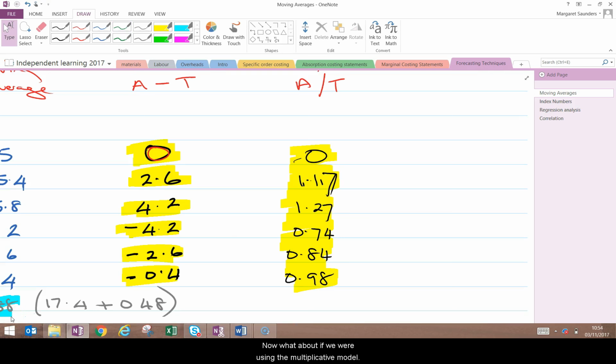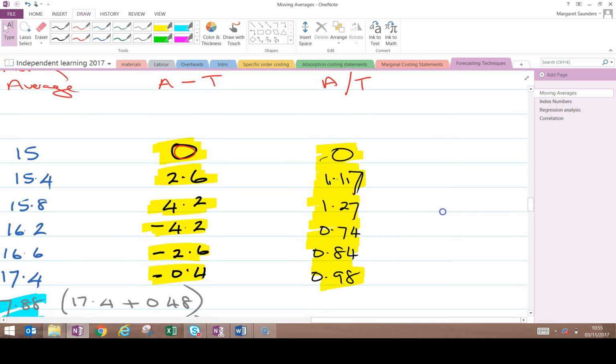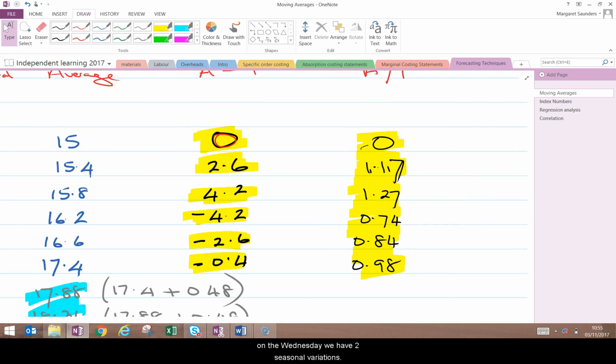So now, what about if we were using the multiplicative model? We calculated the seasonal variations, A divided by T, and we have these 6 figures. So again, on the Wednesday, we have 2 seasonal variations.